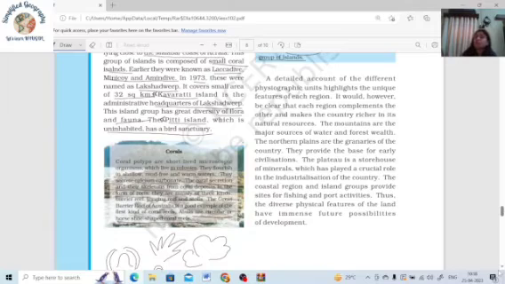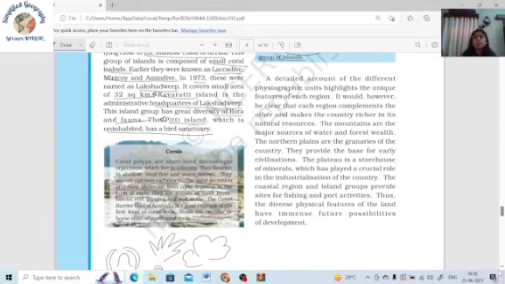Why? Because we have already read that mountains and plateaus are made out of hard lava, igneous rock or metamorphic rock, which are full of minerals. So whether it is the Deccan Plateau, Chotanagpur Plateau or Central Highlands, you will surely get a numerous amount of varied kinds of minerals.